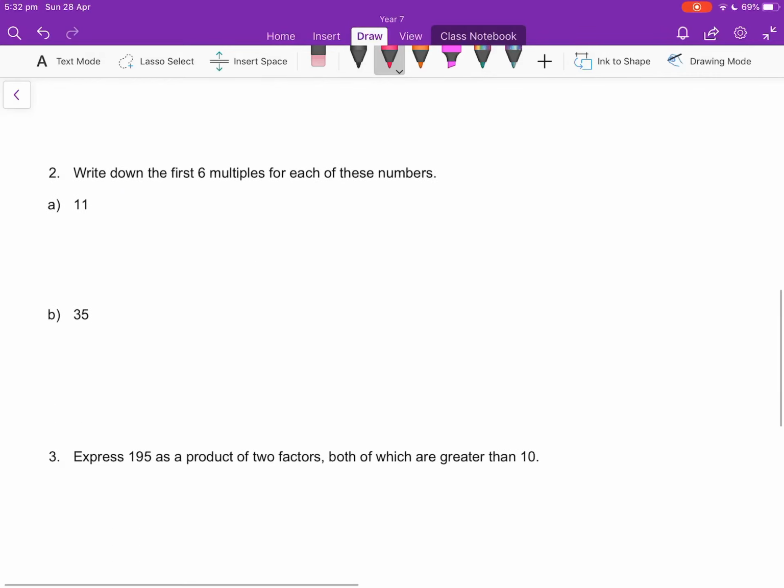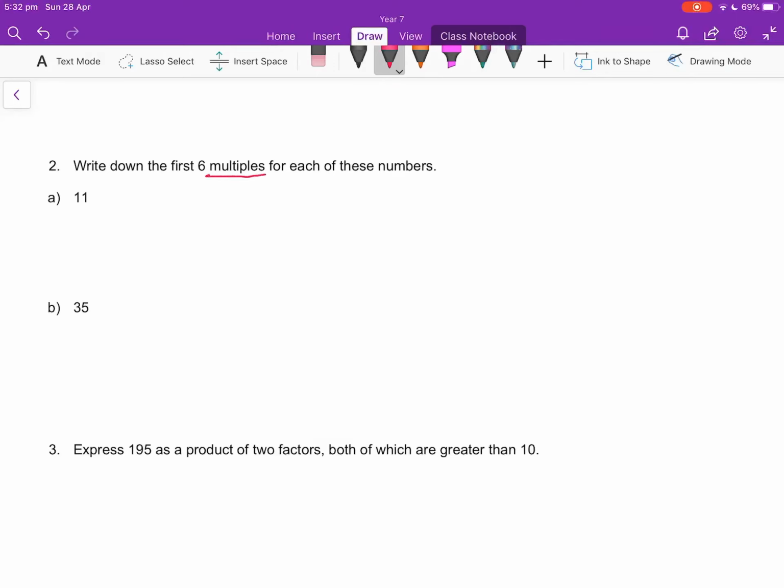Alright, so now we're going to move on to multiples. We're going to find the first 6 multiples because as we said before, they just keep going and going, those lists. So now we're going to have 11. So our multiples of 11, well, if we times 11 by 1, we get 11. By 2, 22. And then we have 33 and 44, 55 and 66.